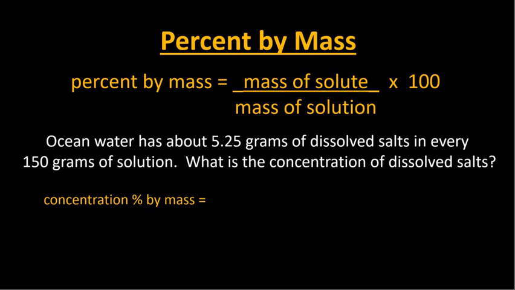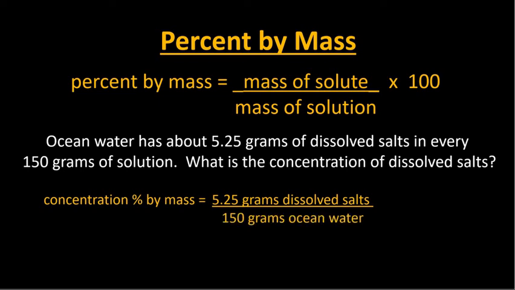You have 5.25 grams of the dissolved salts, which are the solute. They're the dissolved things. And the mass of the solution is 150 grams. That's the ocean water. Okay? So you have 5.25 grams, you have 150 grams, and you multiply that by 100 to get your percent.